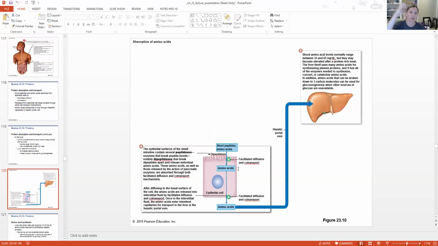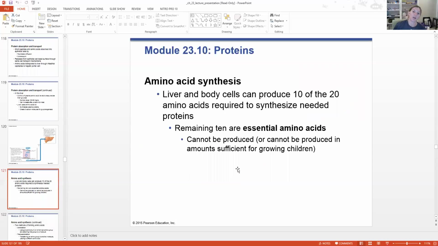So epithelial cells are absorbing either through facilitated diffusion and/or co-transport, bringing those amino acids in, getting them out and into the liver, where they are monitored and adjusted, either used to create our plasma proteins or 3 carbon compounds.